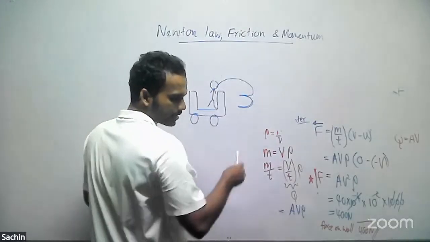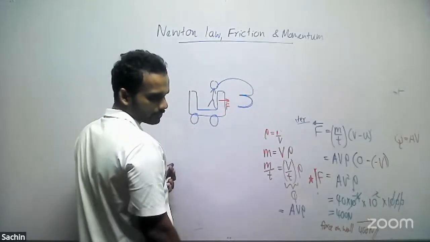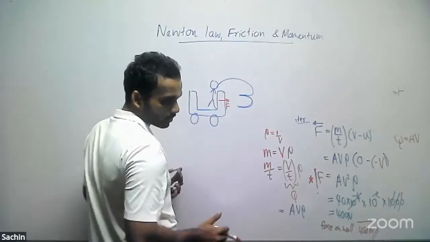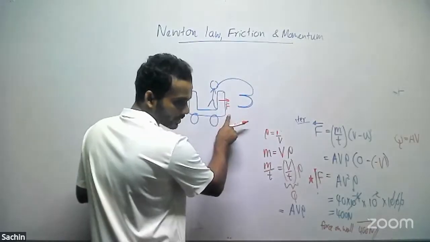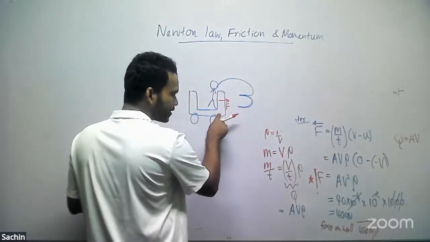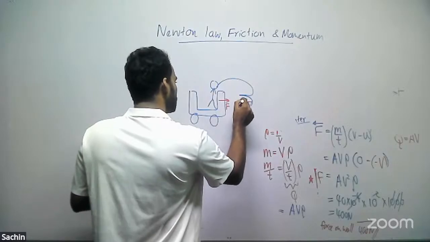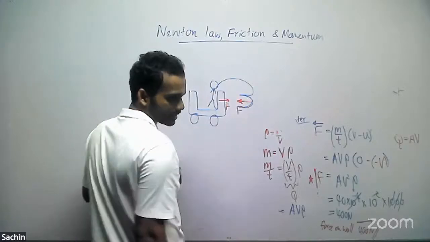The magnet will give a force on this trolley, but according to the third law, this is not the only force. According to the third law, if the magnet exerts some force on this trolley, then there will be an opposite reaction force on the magnet, in the opposite direction.